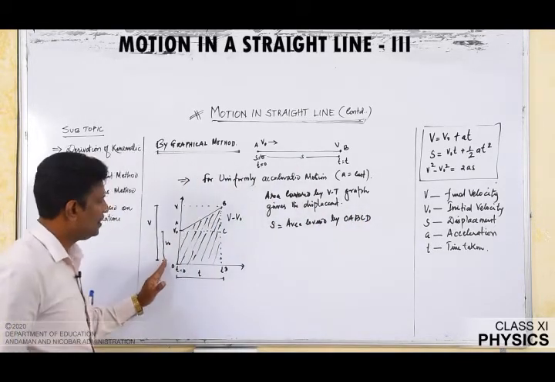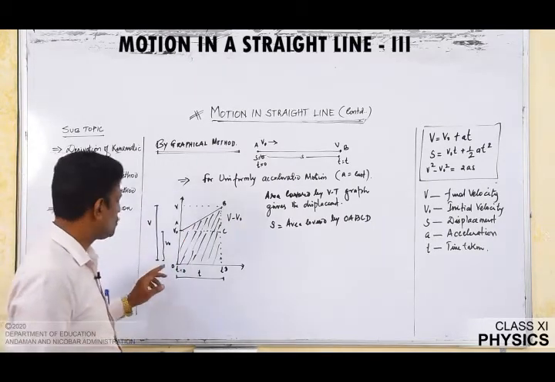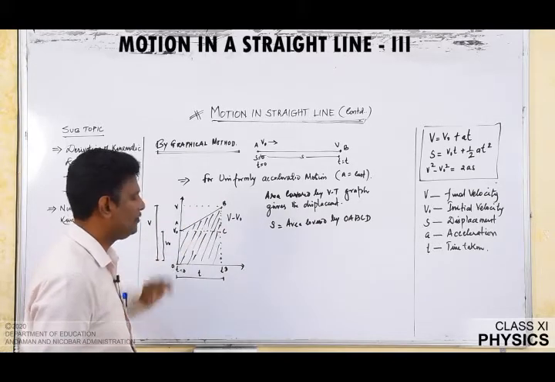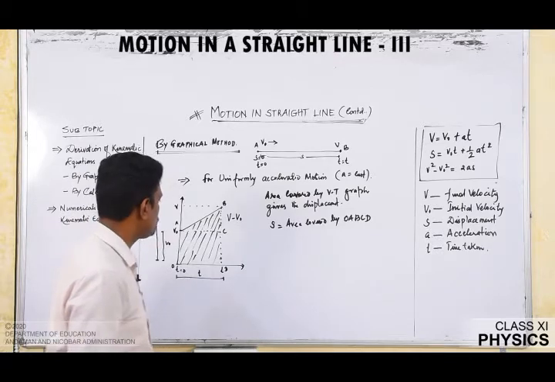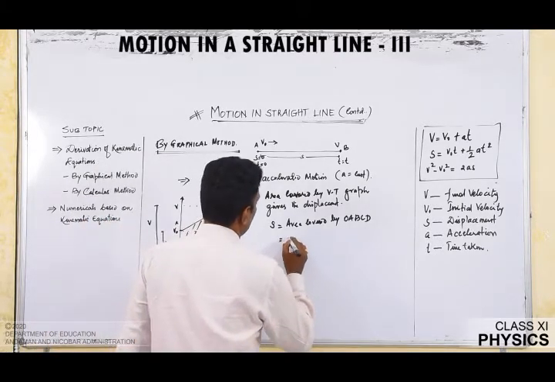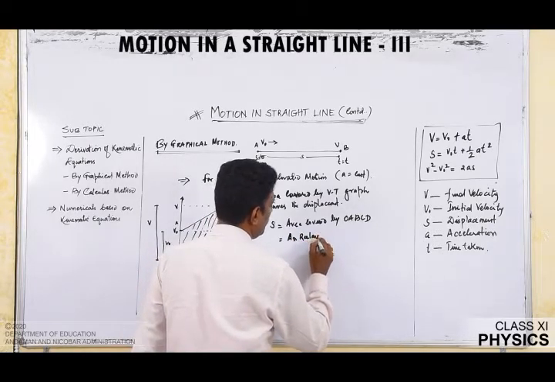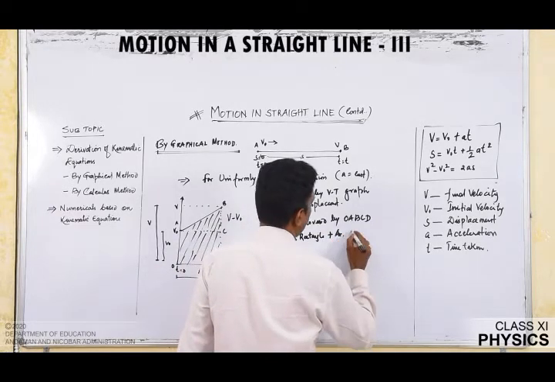Now, as we are seeing here, two parts of this are there, that is OACD and ABC, that is a rectangle and a triangle. So, we can split and find the area and add it. So, area of a rectangle plus area of triangle.